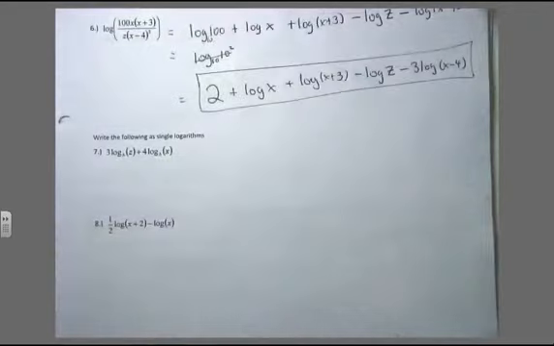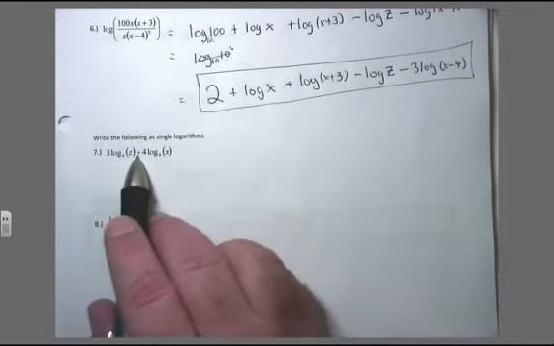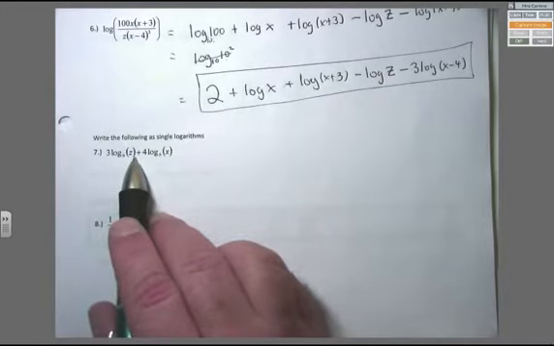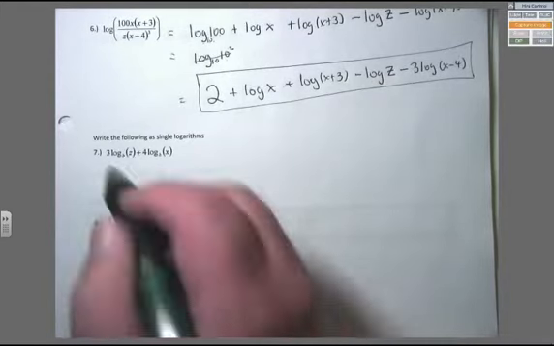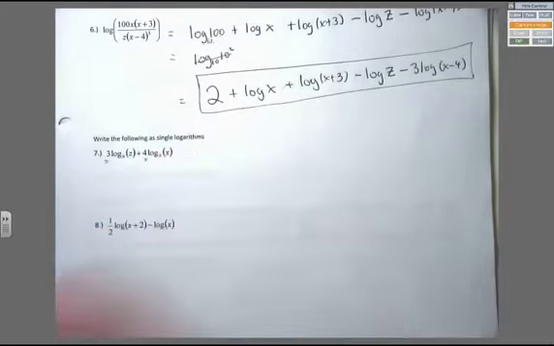So, take a look at this guy. I want to combine logs. I've got 3 times the log base b of z plus 4 times the log base b of x. Before I can combine these logs, I know addition turns back into multiplication. But before I can do that, the coefficients in front of the logs have to be 1.